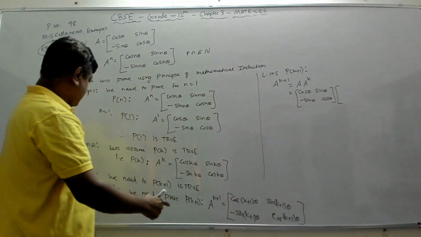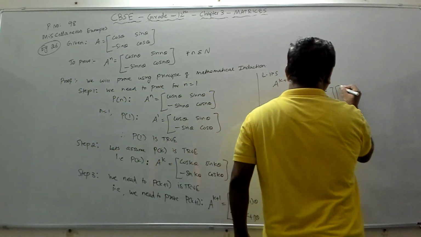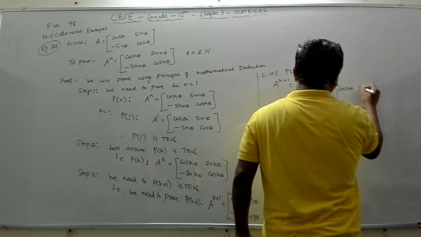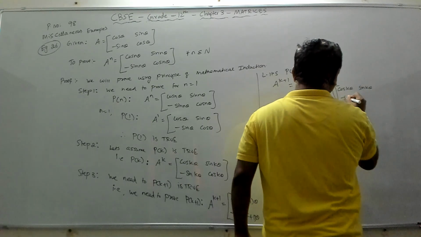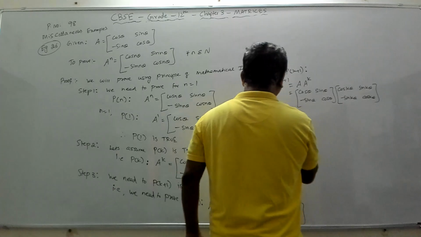A power k is what? As per this step, A power k is [cos k theta, sin k theta; minus sin k theta, cos k theta]. We have to substitute that here. Now we need to multiply.